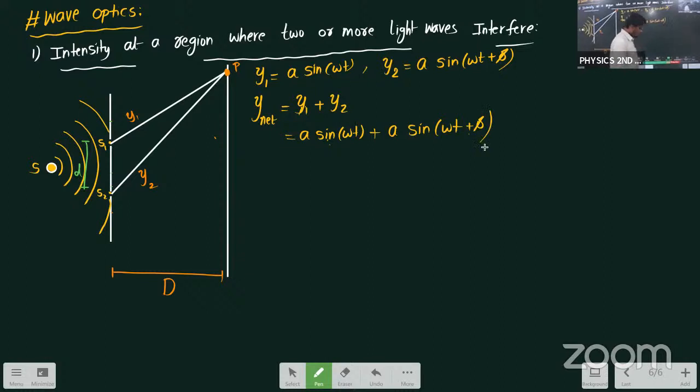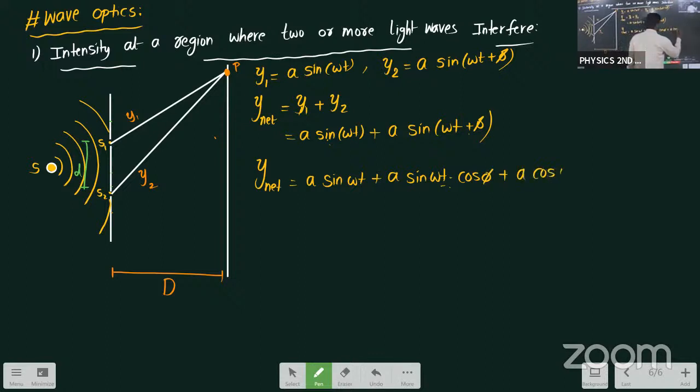I hope everyone knows the formula for sine A plus B: sine A cos B plus cos A sine B. So this equation will become y net is equal to a sine omega t plus a sine omega t into cos phi plus a cos omega t into sin phi.